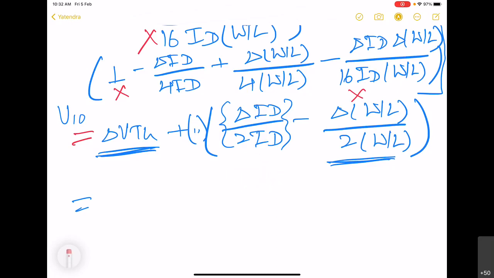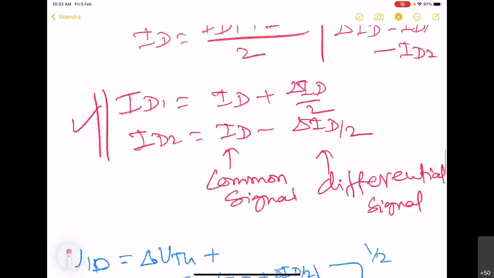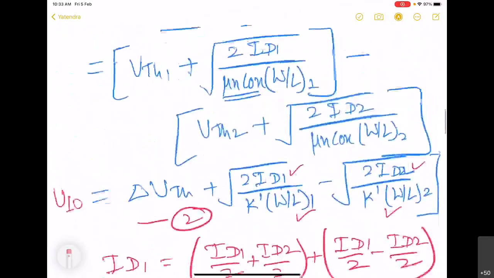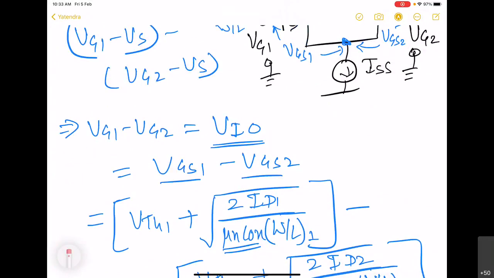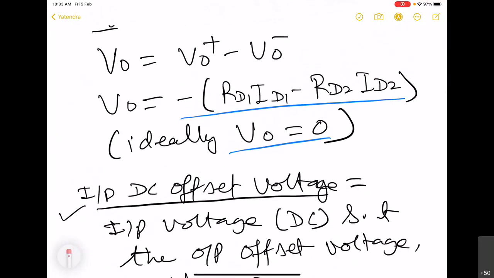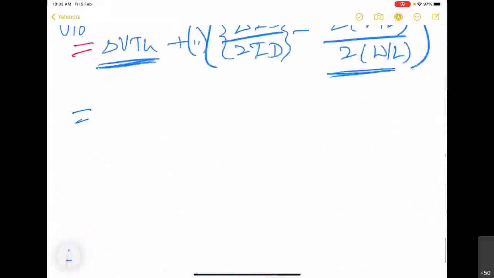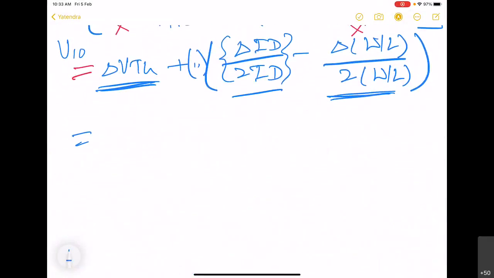For that, we will take the help of the condition which should get satisfied when we supply the input offset voltage. When we apply the input offset voltage, the output DC offset is going to be 0. That means this quantity is going to be equal to 0. So we are going to take the help of that equation to get rid of this one.